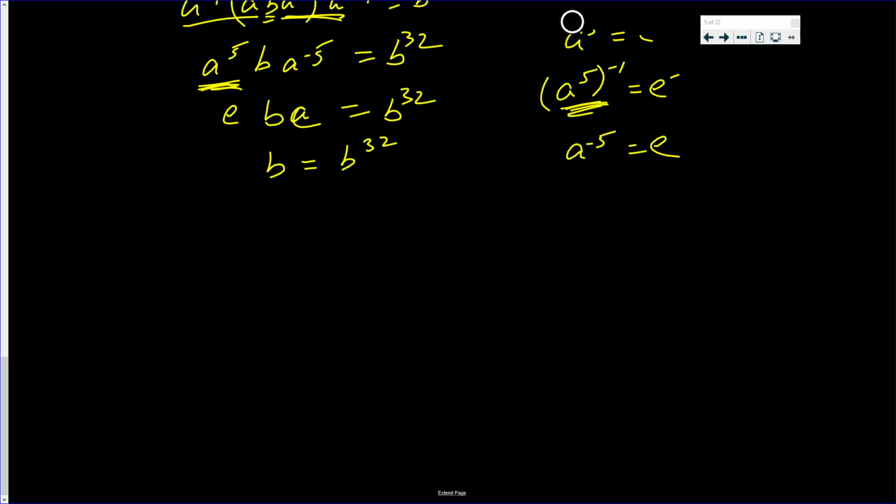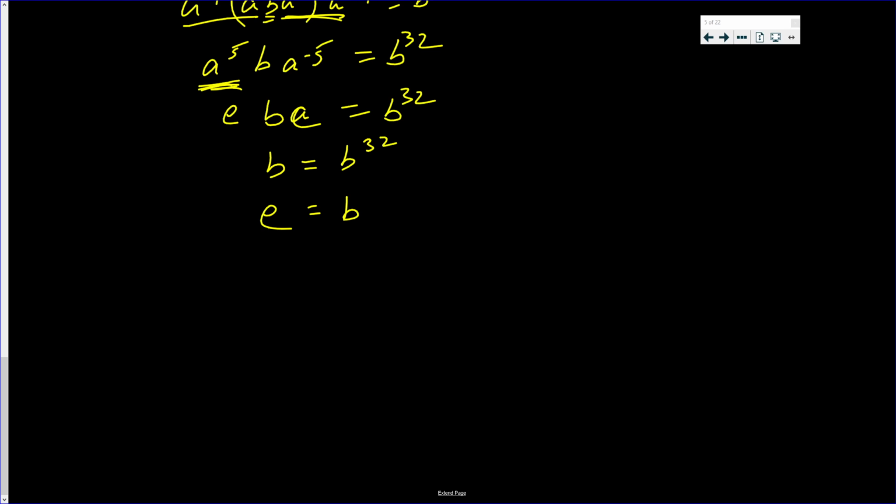Let's get rid of this side work. Killing off one b on the left side leaves e. On the other side, killing off one b gives us b to the 31, and 31 is prime. This implies that the order of b is 1, or the order of b is 31.